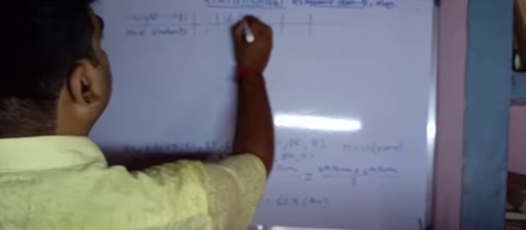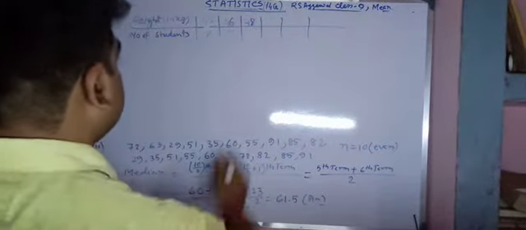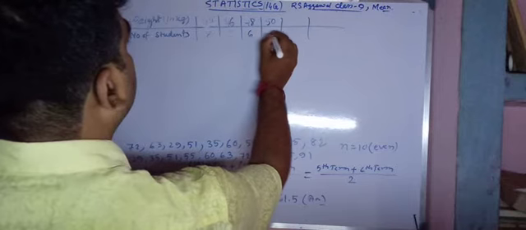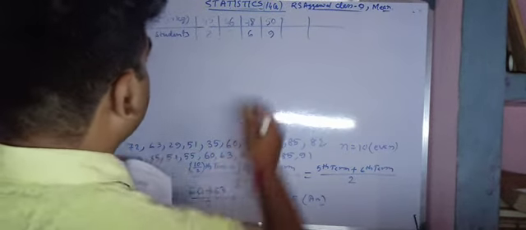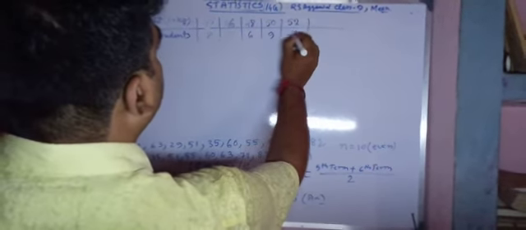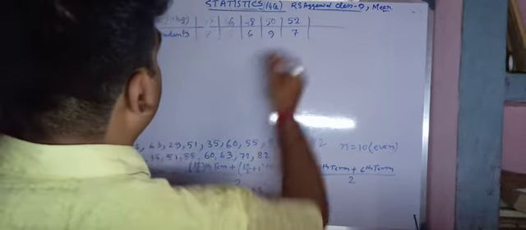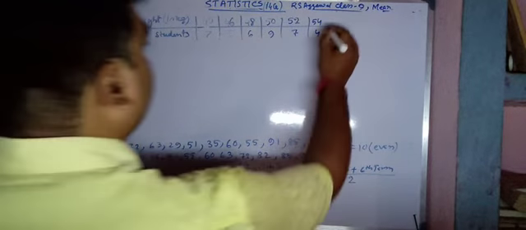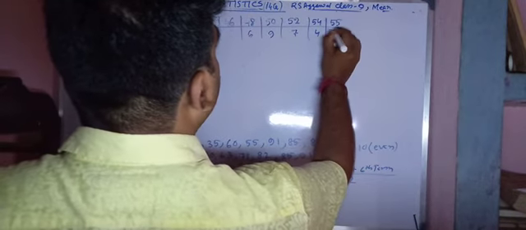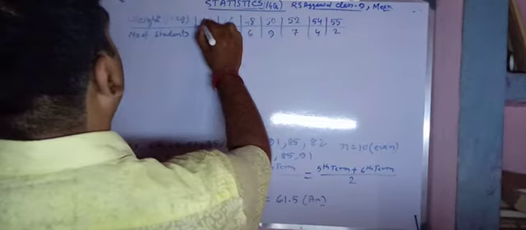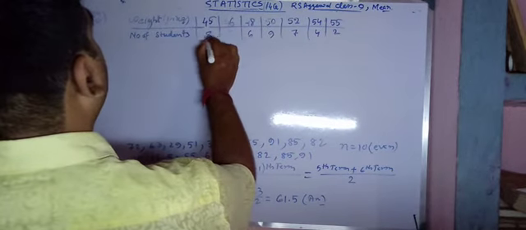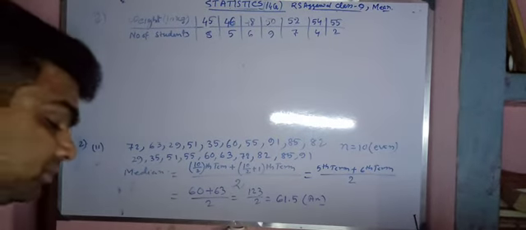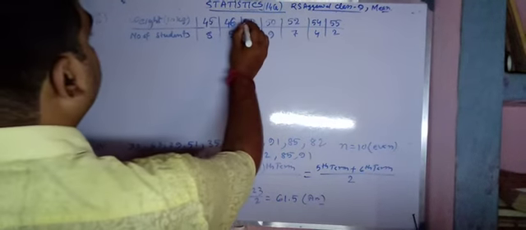Next 48, this is 6. Next 50, this is 9, next 52, this is 7, next 54, this is 4, 55, this is 2. So 45 is related to 8, 46 related to 5. Okay, so this data is given here.